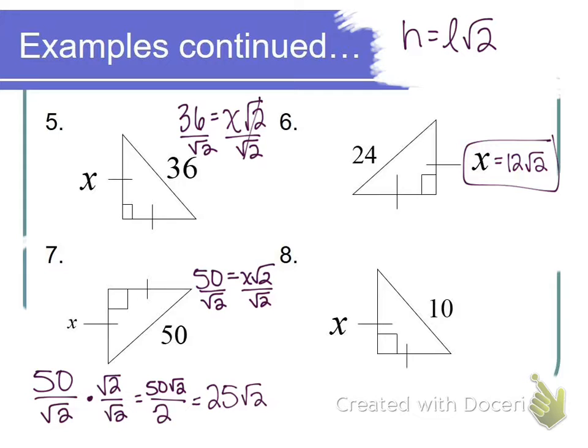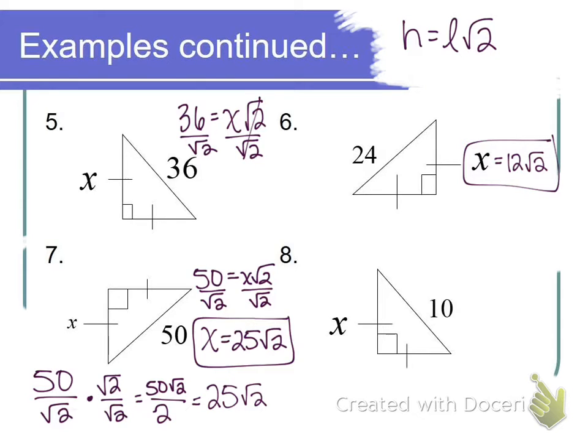So we have x equals 25 root 2. Anybody have a guess about number 8? Good, 5 root 2. So you might have noticed a pattern on these. We're taking that hypotenuse number, dividing it by 2, and multiplying by radical 2.